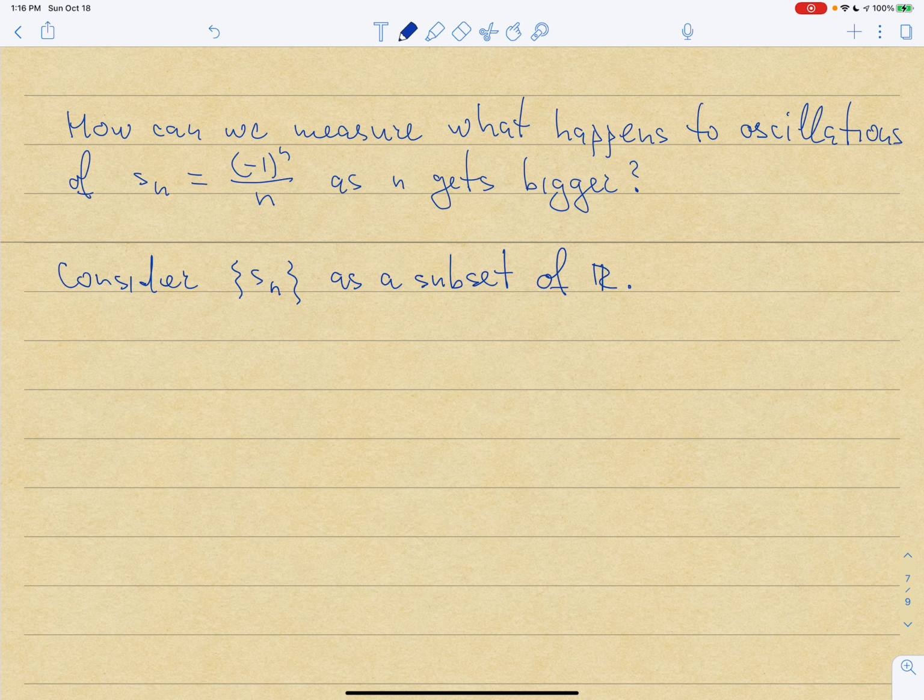So we can estimate this window of oscillations by taking infimum and supremum of this set Sn.